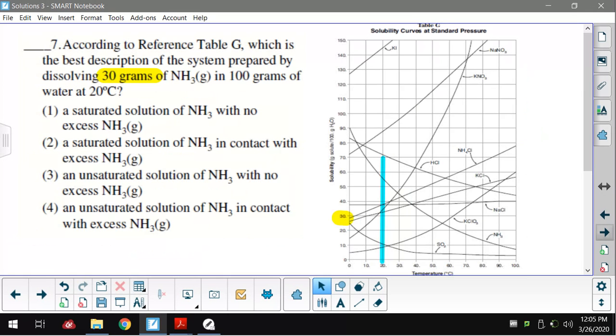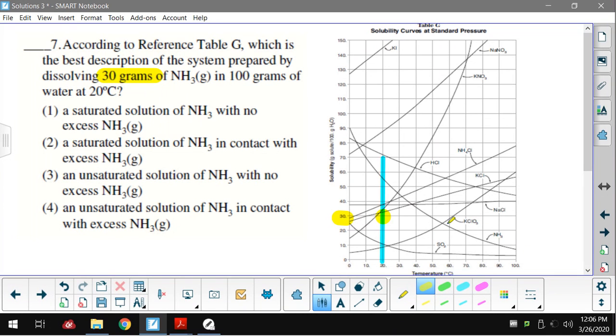Number 7 is asking, okay, reference table G, again, 30 grams of ammonia. Well, here's my ammonia line right here, and 30 grams of that in 100 grams of water at 20 degrees Celsius. Let me make a little mark right there. All right.